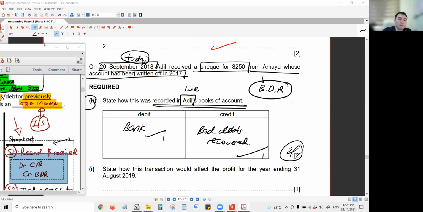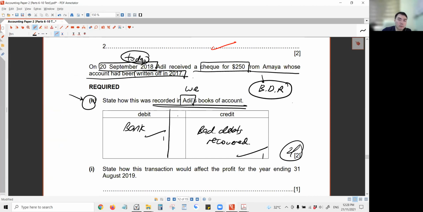Don't have to write 250. Unless they have a column here, they write dollar, then only you write 250. For this question, don't have to.